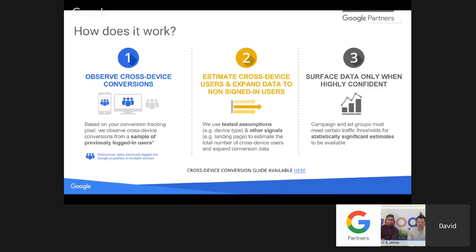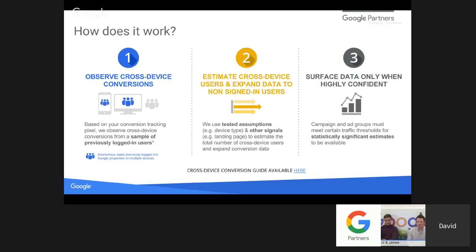So how do they work? Firstly, we begin by observing a signed-in sample of users to understand where true cross-device conversions occur. We then take this data and draw on several behavioral signals to understand how, why and when these conversions occur, and run these through an algorithm against a sample of non-signed-in users to estimate other occurrences of cross-device conversions.